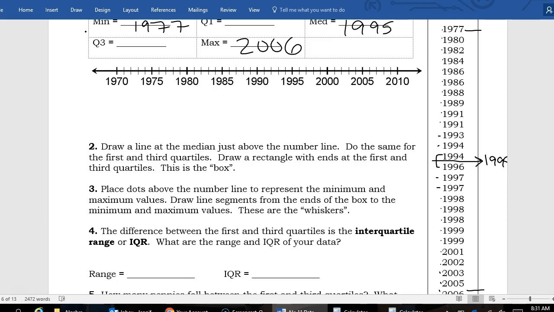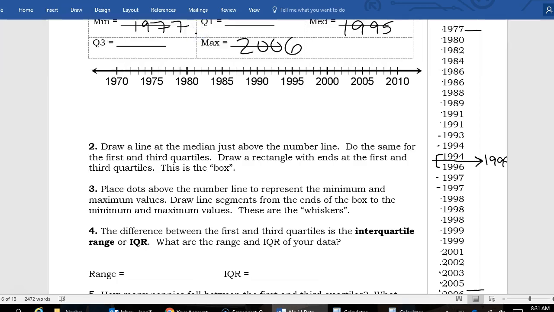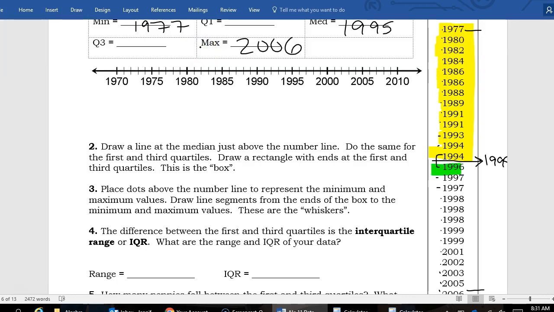Now we want to get the middle of the lower half. So I am going to highlight, this is the lower half of my data. I just want the middle of these, and that'll give me my lower quartile. And then I want the middle of these, and that will give me my upper quartile.